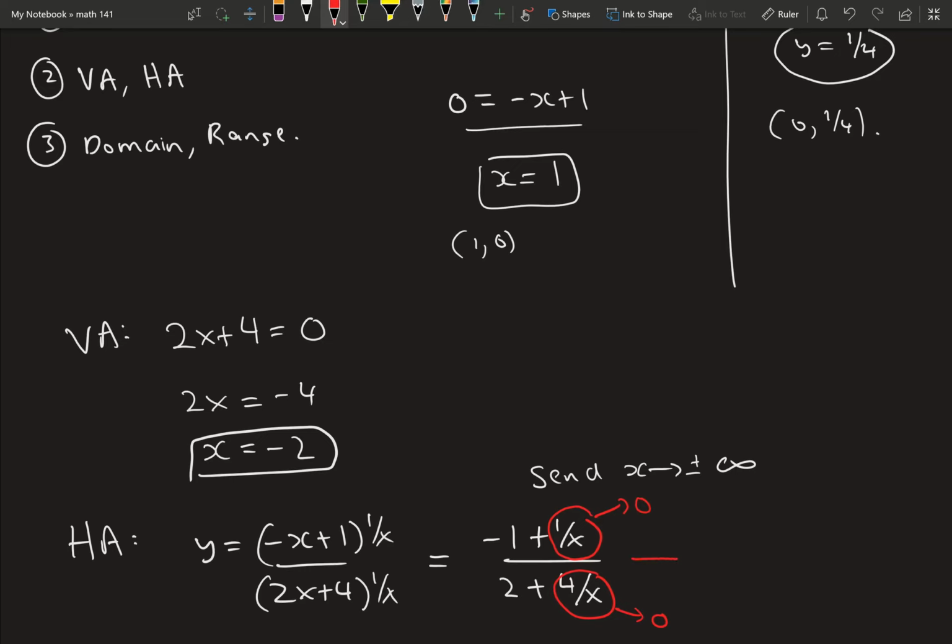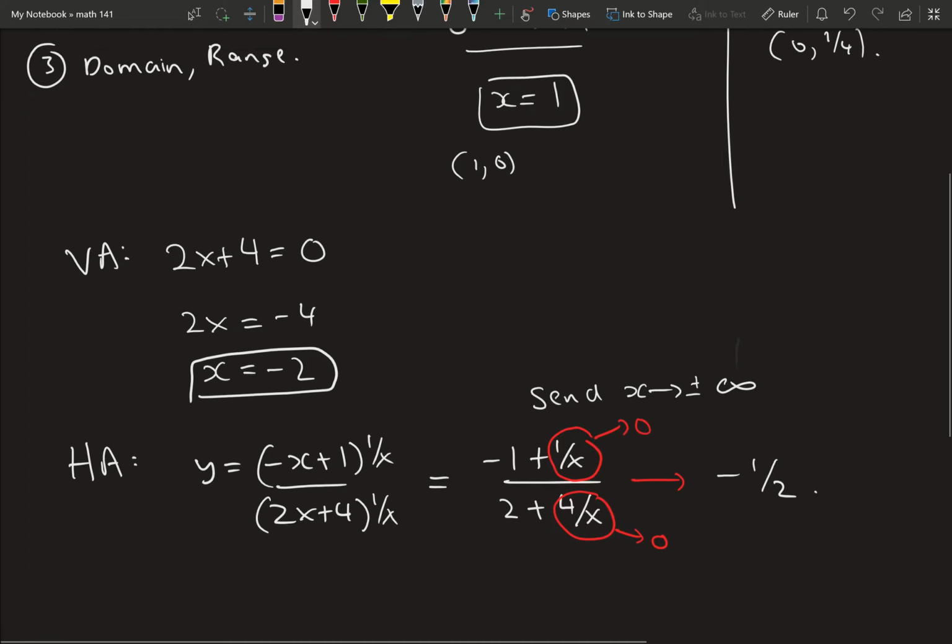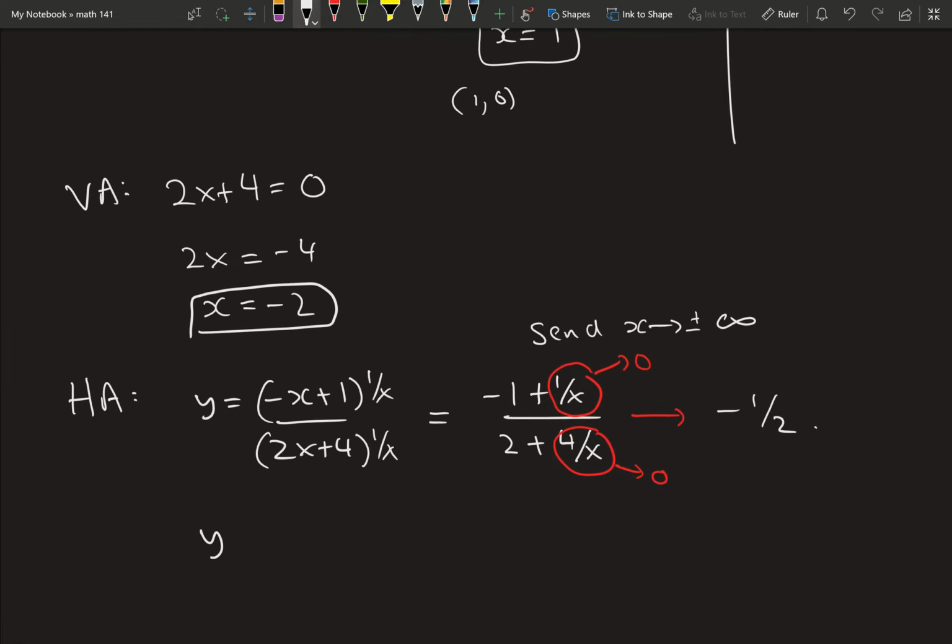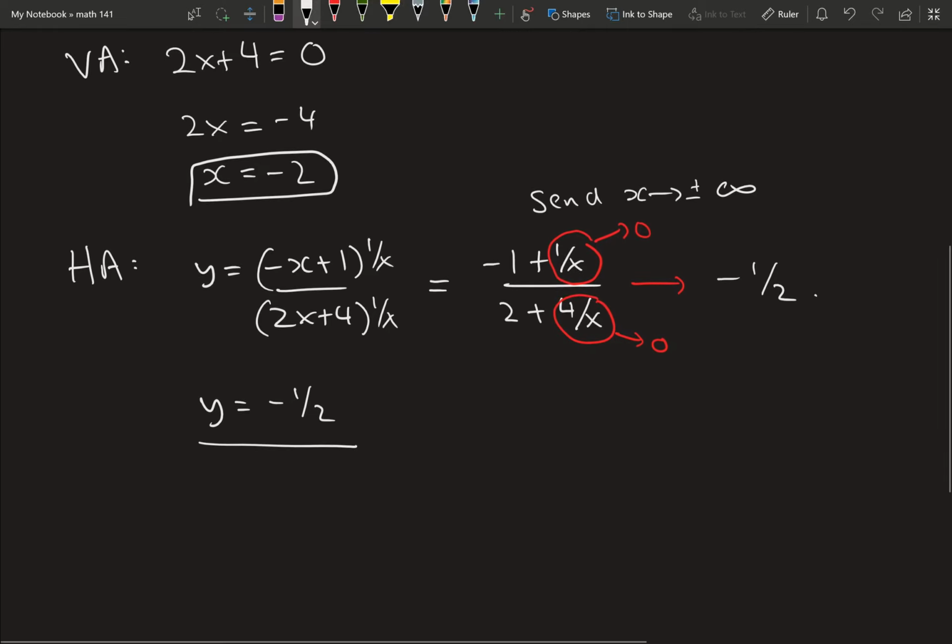And so this goes towards the value of negative 1/2. So our horizontal asymptote is negative 1/2. And so now let's do our graph based on this, and then we'll find the domain and the range.